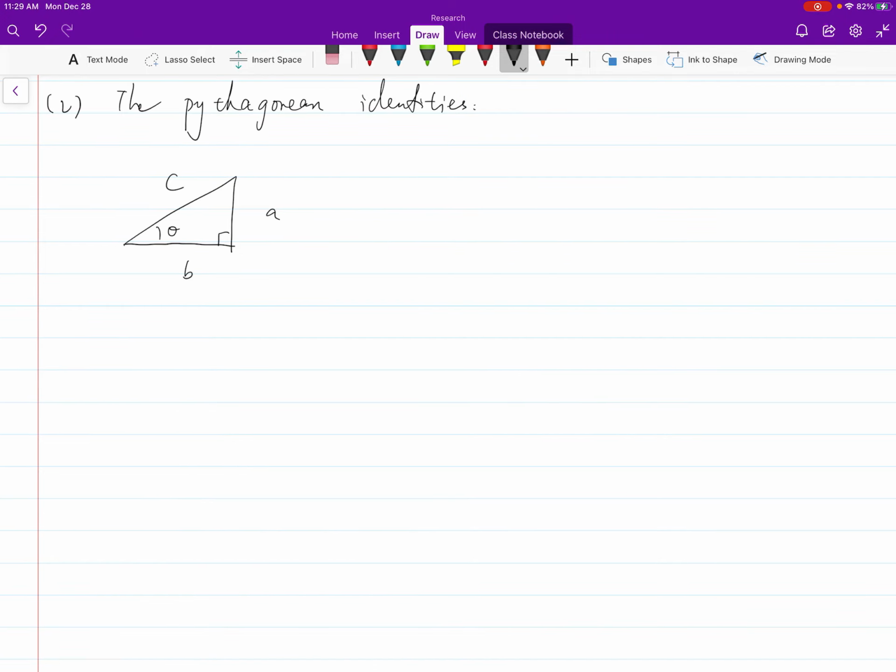All right. The first one is sine theta squared plus cosine theta squared equals 1.